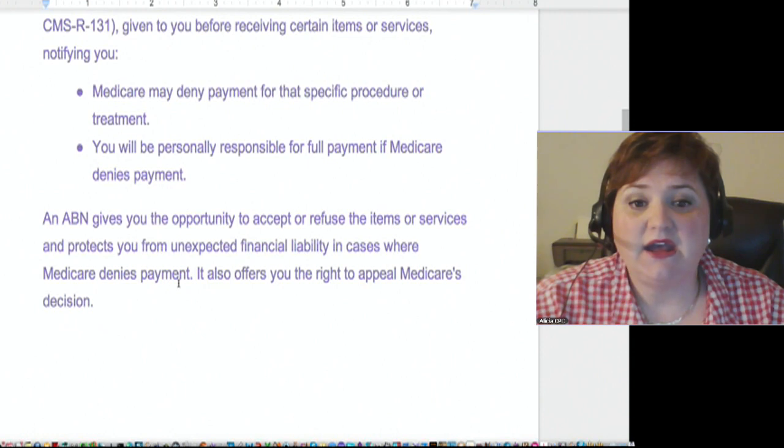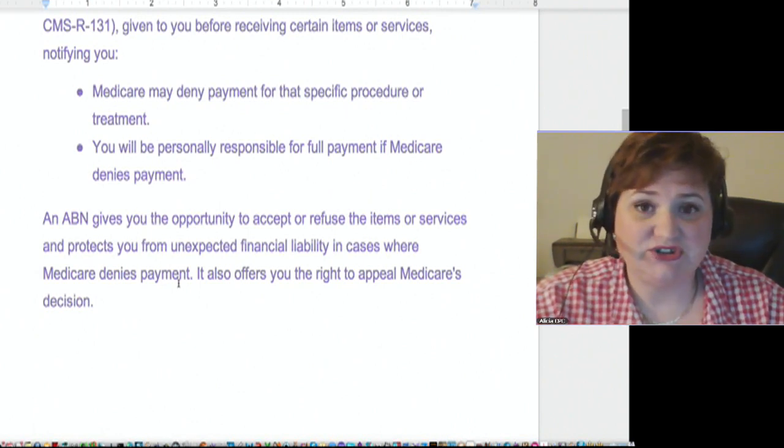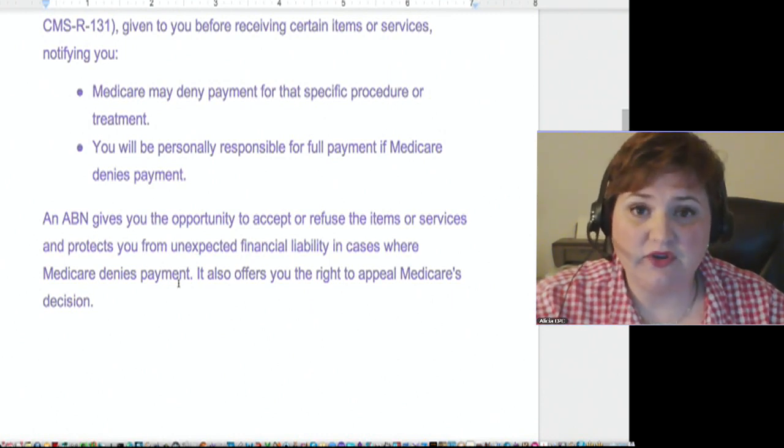You may not want to be liable for whatever it is that the doctor wants to have done. But if you decide that you don't want to sign the ABN, you need to let the doctor know. You need to tell the patient that if you don't sign the ABN, that's fine. It's up to you.